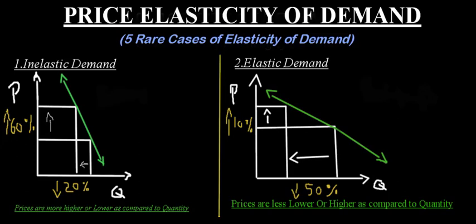So in inelastic demand, a huge increase or decrease in prices does not affect quantity demanded, while in elastic demand a small percent increase or decrease in the prices of certain products will cause a greater percent increase or decrease in quantity demanded. So people are price sensitive in elastic demand.